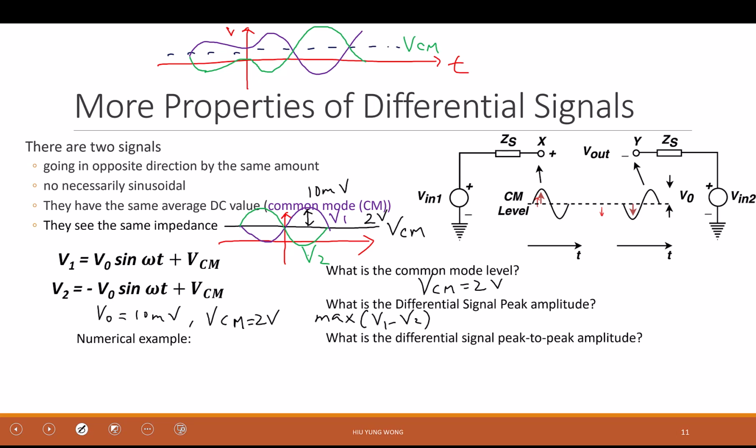Because I define the signal as V1 minus V2, which equals 2V0 sine omega t, I need to take the maximum.